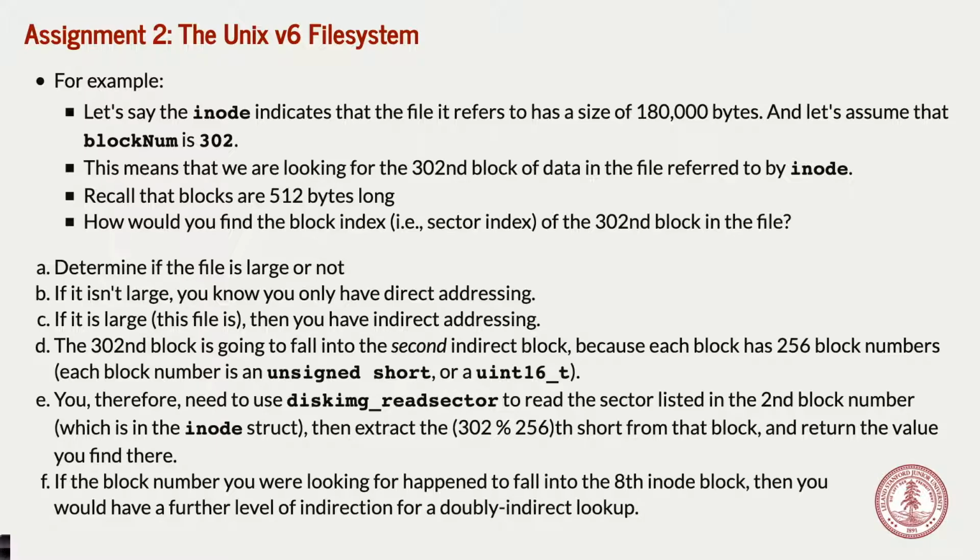So keep in mind, there are 302 blocks in this file, because of 180,000 bytes. Therefore, you need to know that each indirect block holds 256 of them. Therefore, we know that the exact one is in the second one, the 302 mod 256, the second block of the indirect blocks.